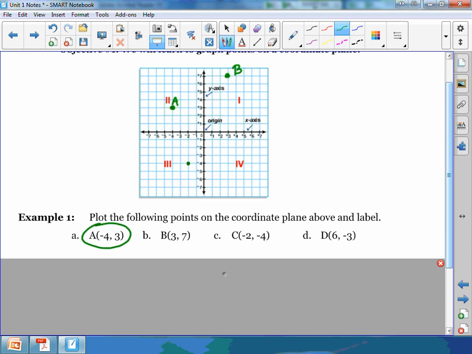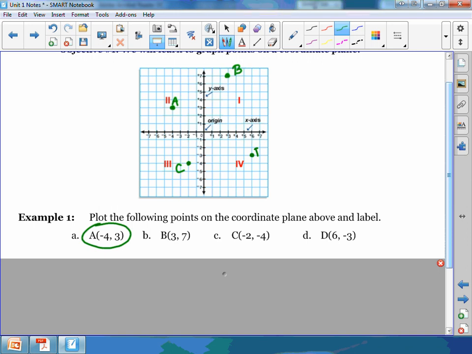There you go. And then let's close it out with D. Amelie? Go to the right, 6, down 3. I agree. That puts point D somewhere right there.